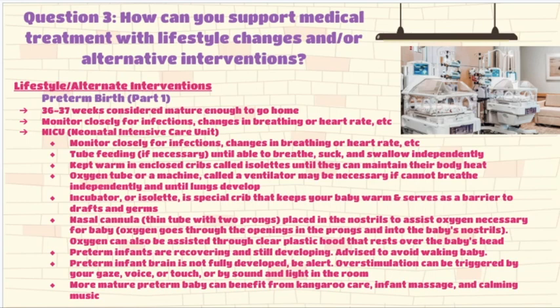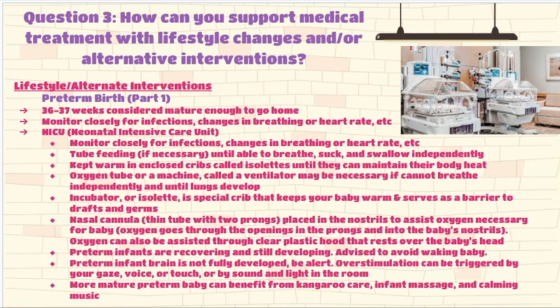In the NICU, they're also able to receive oxygen through an oxygen tube or a machine called a ventilator. It may not be necessary if they have the ability to breathe independently or until their lungs develop. The incubator or isolate is also used as a barrier to drafts and germs.